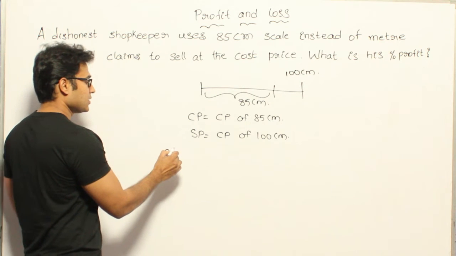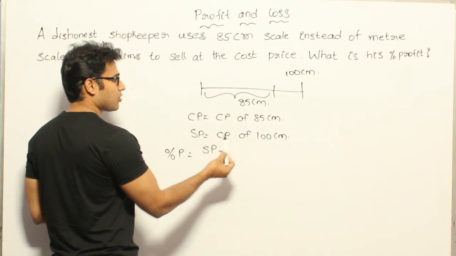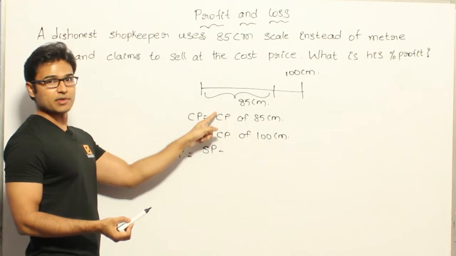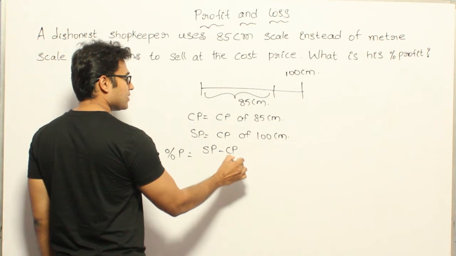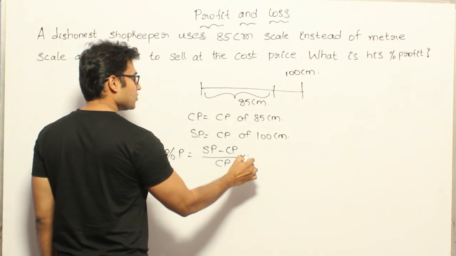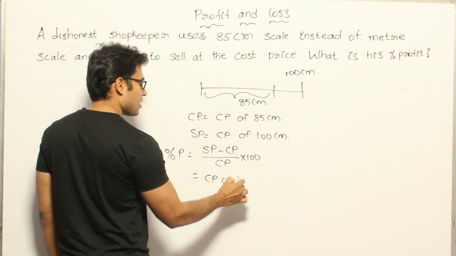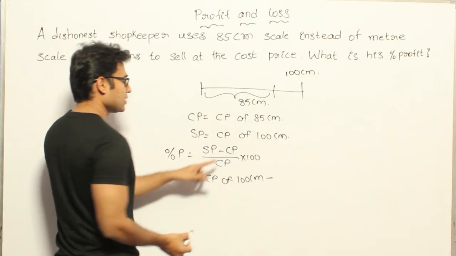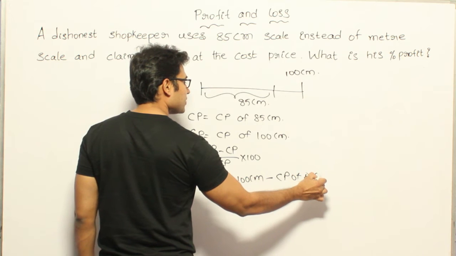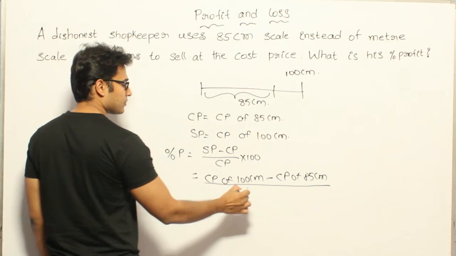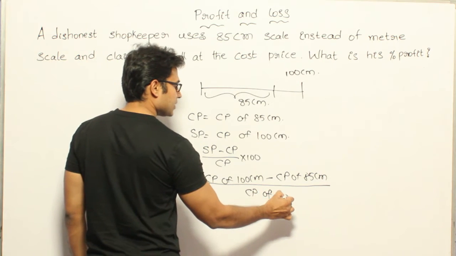Now we are supposed to find out the profit. So percentage profit is equal to selling price, so is he making a profit? Clearly he is making a profit, right? If you even see these numbers, selling price is greater than cost price, he is definitely making a profit. Percentage profit is (selling price minus cost price) divided by cost price into 100, right? Now selling price is the cost price of 100 centimeters minus the cost price of 85 centimeters, divided by the cost price of 85 centimeters, into 100.